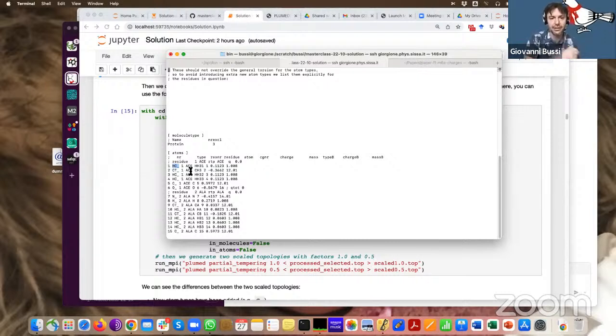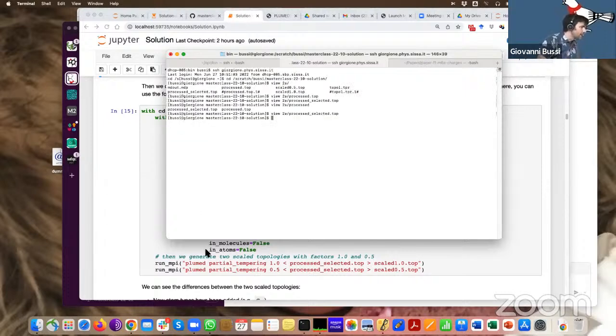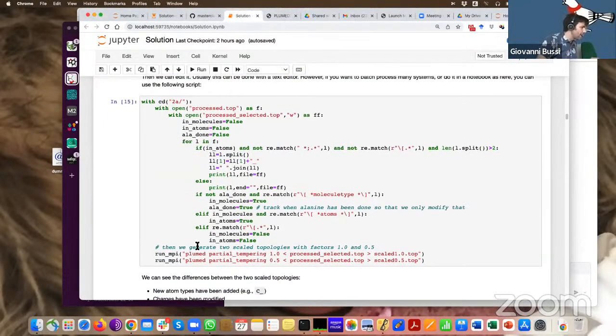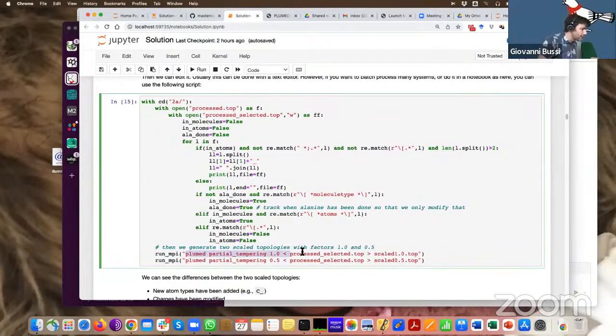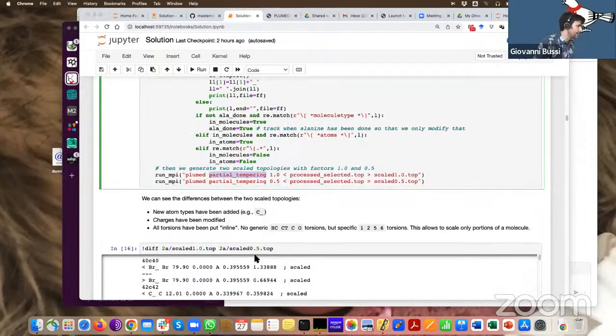That's just a convention used by my script to detect which atoms you want to scale. Okay, once you have done that, you can run this tool and produce a scaled topology. It's useful to scale the topology with a factor 1 and see if the energy is not changed, because that means that this partial tempering script is doing the right things.